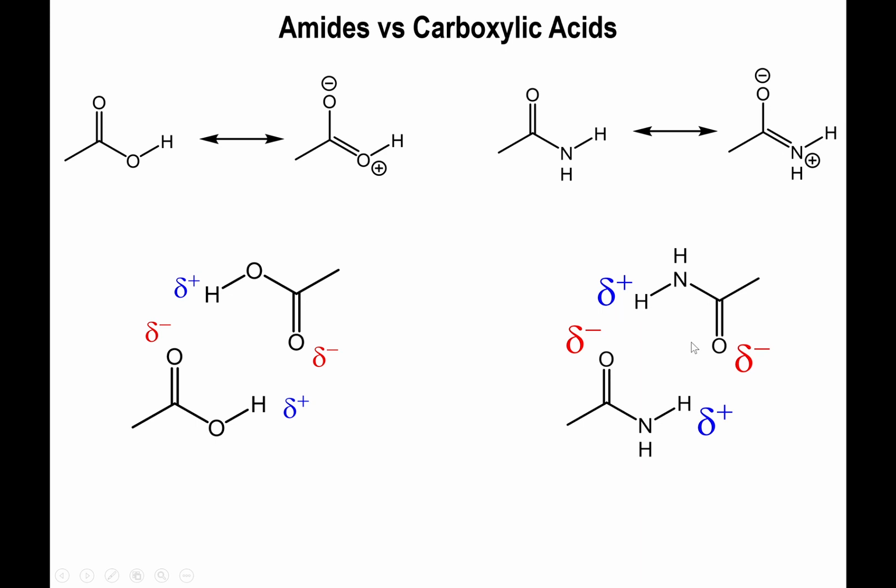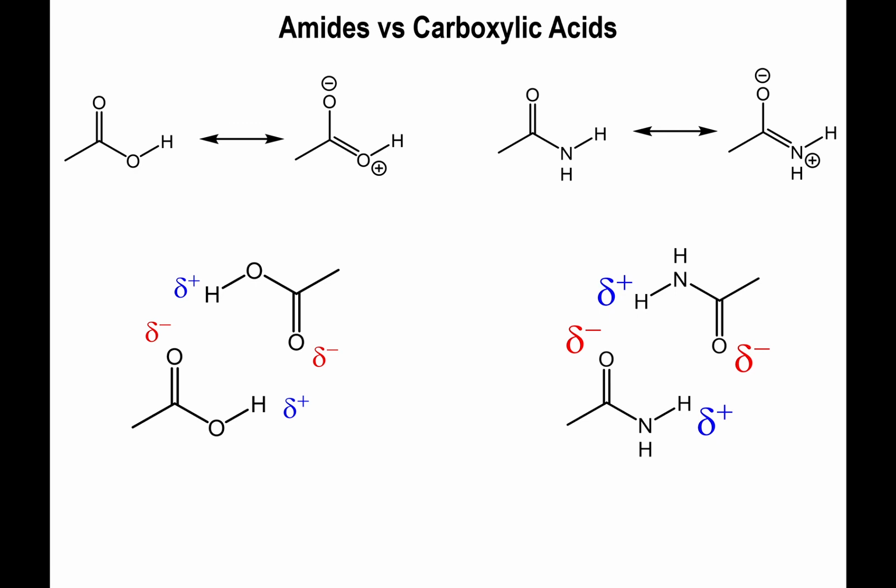But the difference here is that your amides are made of nitrogen, and nitrogen is less electronegative than oxygen. And so it has a greater tendency to dump electrons onto the carbonyl, or at least a lot more than oxygen does. And so the creation of these delta minuses and delta pluses in the amides is greater than it is in your carboxylic acids.